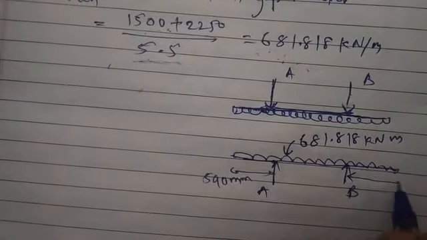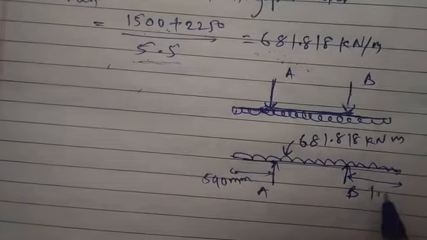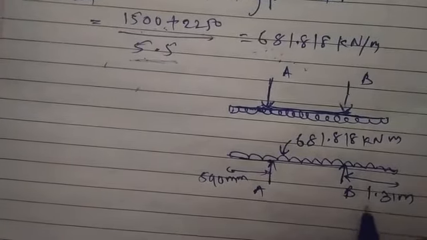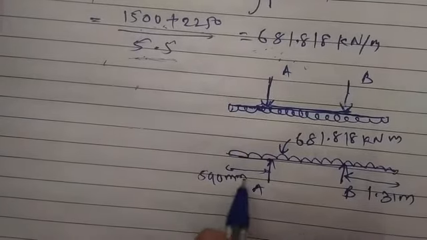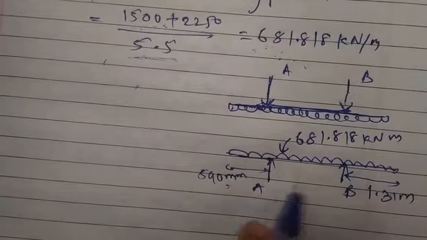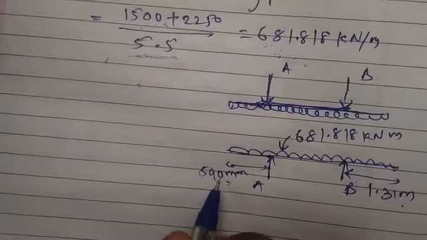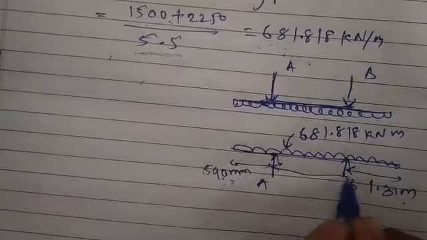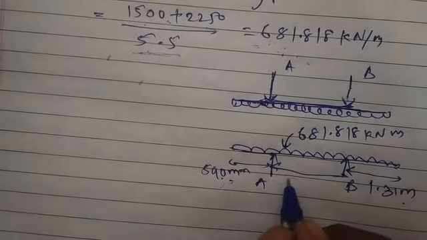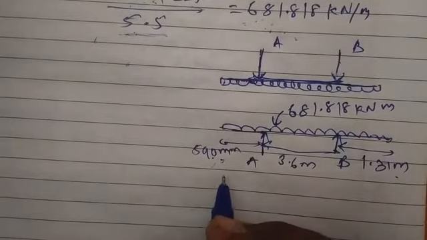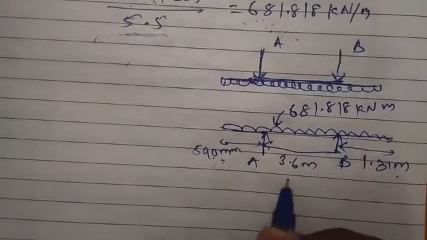This is also known to us, that is 1.31 meter, or you can also write it in mm. I am mentioning the unit, so that's why I am writing in meter or mm. Okay, so this distance is known to us already, 3.6 meter. Okay, so this is the total loading diagram.